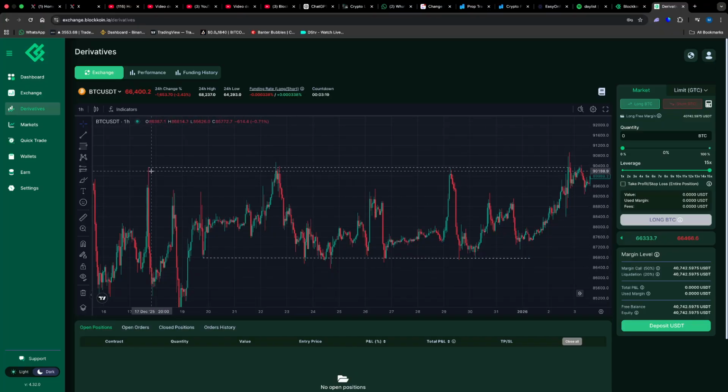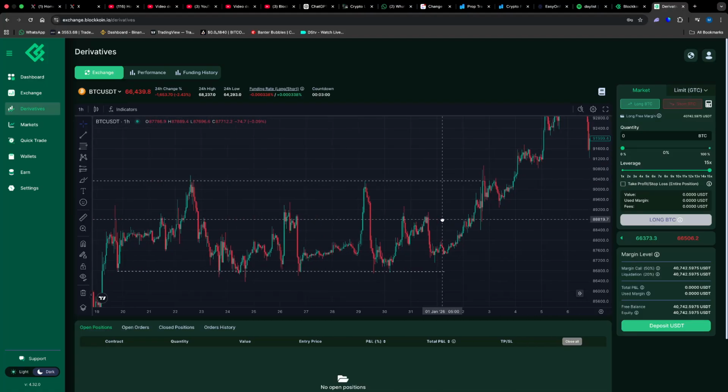For example, over here, price came into resistance, sold into support, bounced here, tapped here, bounced here, hovered around the support over here. Then it pushed up, came back down to support, pushed back to resistance, sold back to support, and so on and so forth. So always buy near support and always sell near resistance.